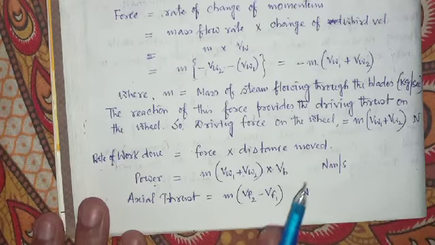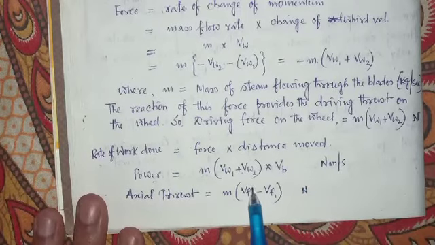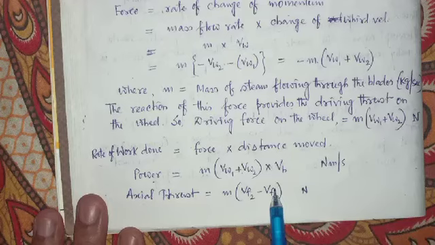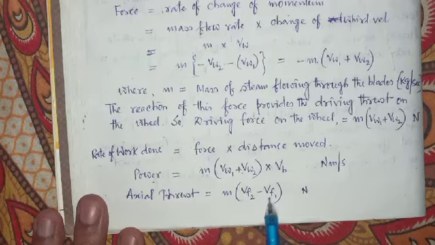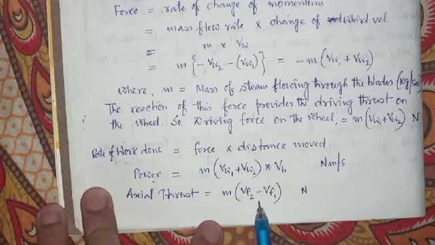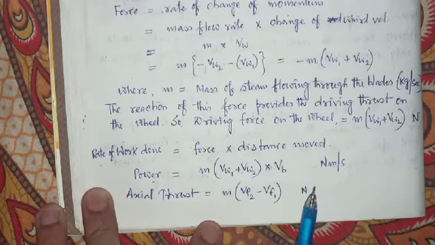So axial thrust is final flow velocity minus initial flow velocity. As both of these are directionally vertically downward, there is no sign change.